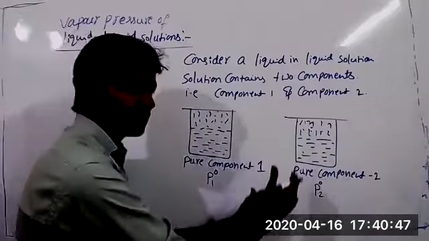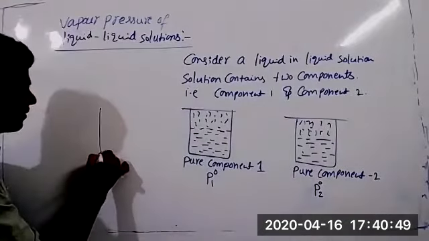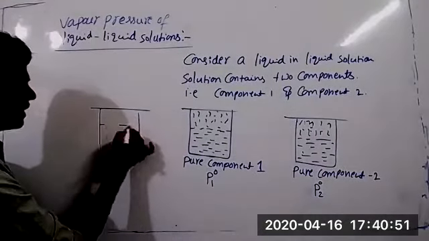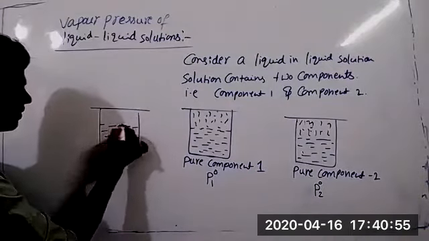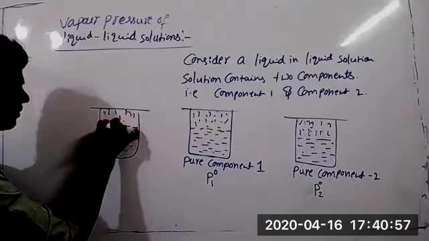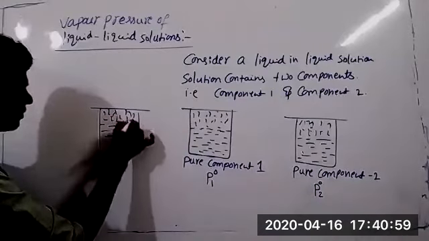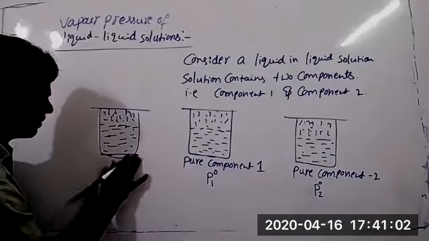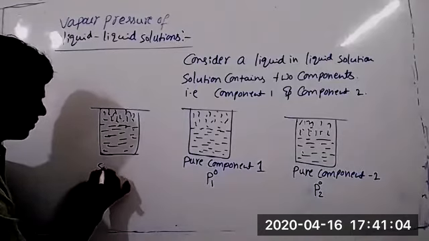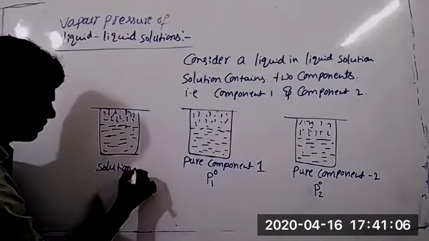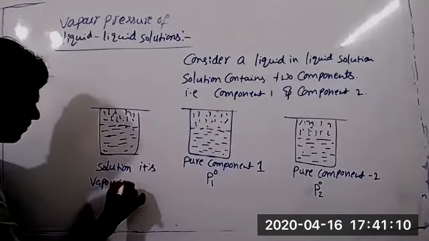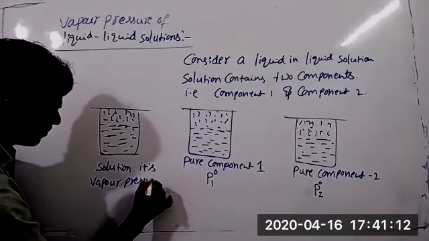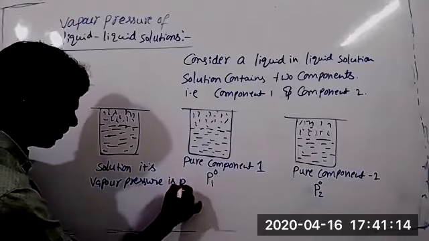Now you mix both, you get a solution. Its vapor pressure is just P.